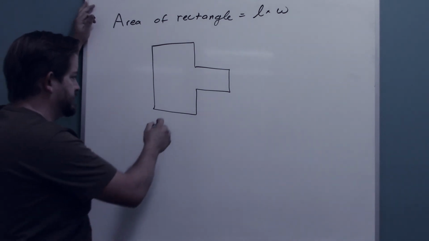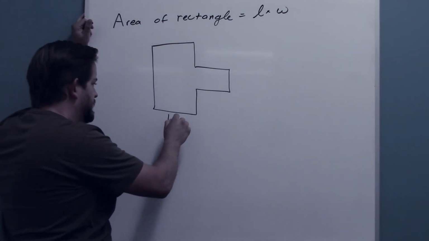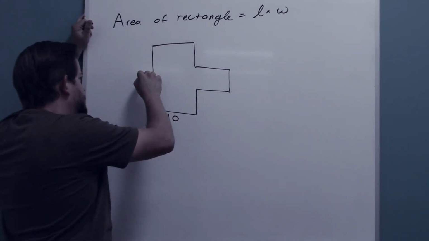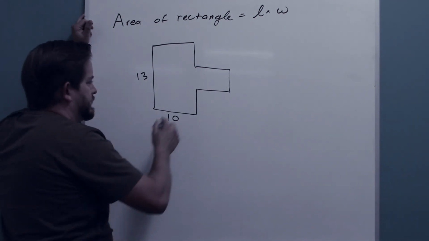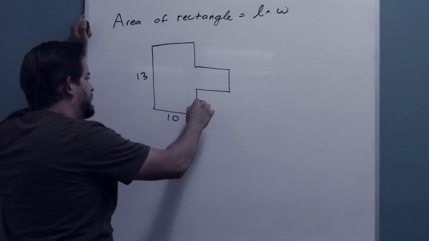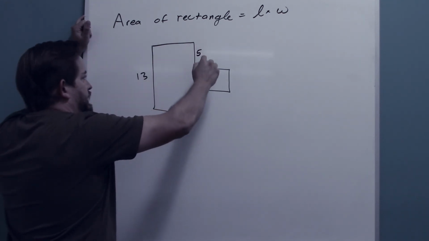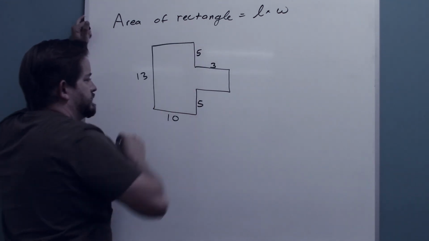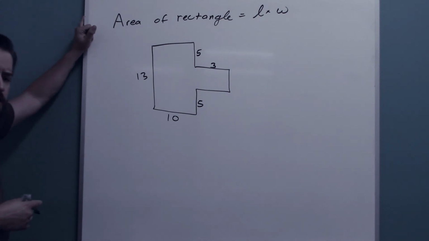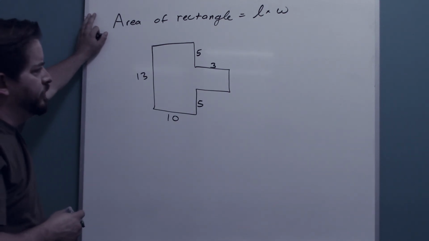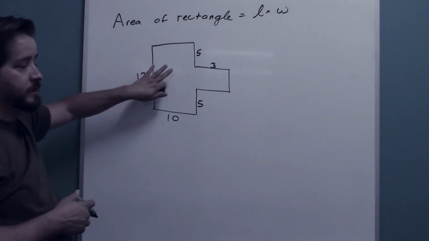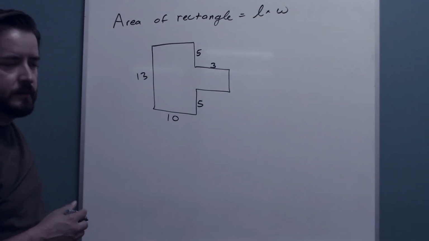Let's say this is 10 down here, this is 13 up here. Let's say this is 5 and 5, and let's say this is 3, right? And we're not given all of the sides, but let's say they ask us to figure out what the area of this shape is, right?